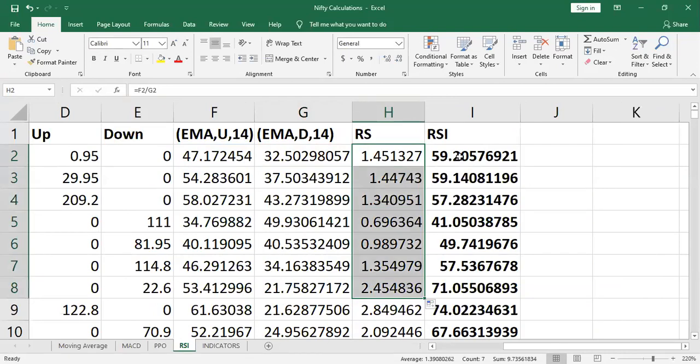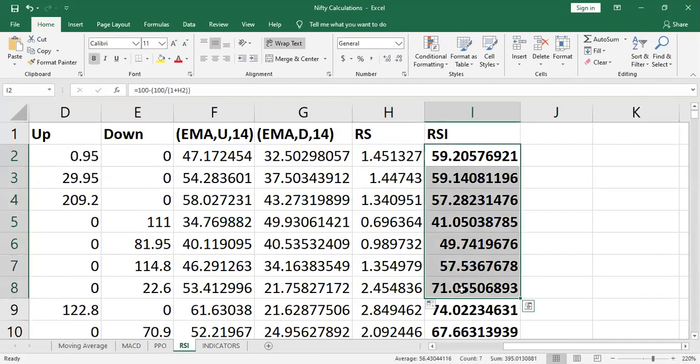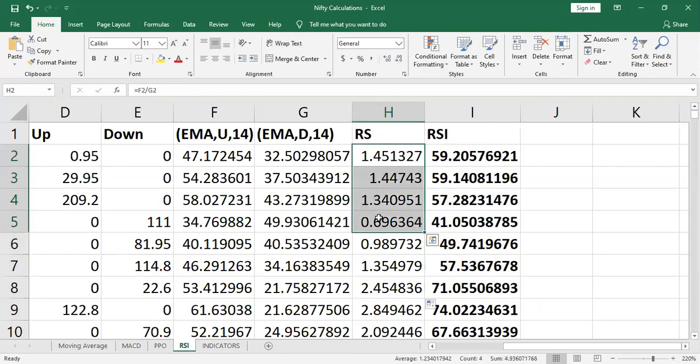But we want this number to be 0 to 100 to calculate the strength, because otherwise it depends on the price, such as 1.42 for the Nifty. If a share price is more than 50,000, or with different volatility, that number may be different. So we convert it using the index formula into 0 to 100.